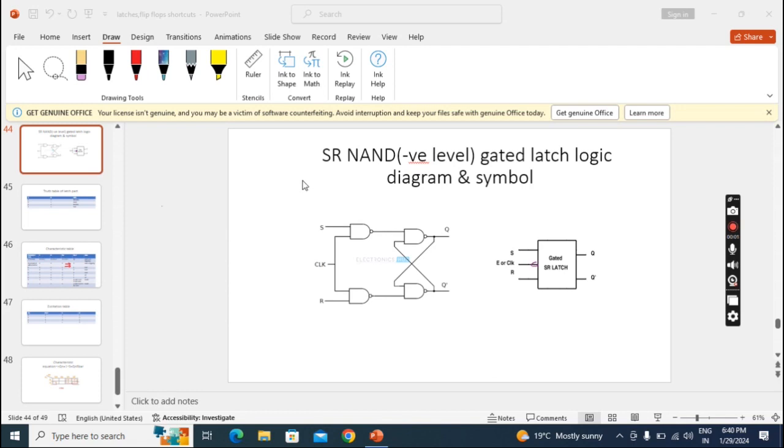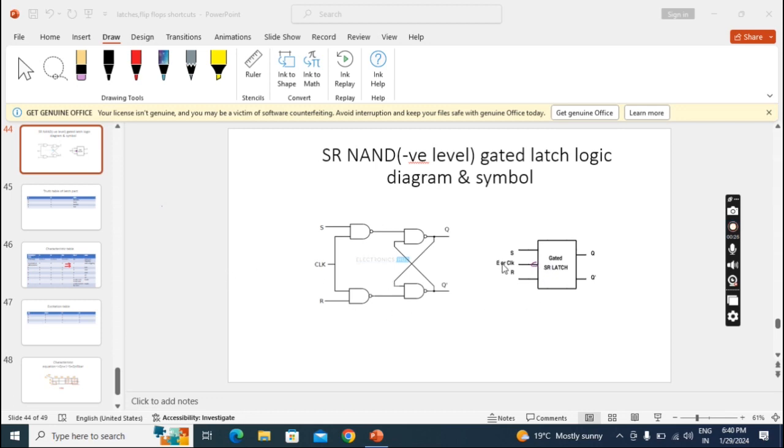In this lecture, we'll see the SR NAND gated latch with negative level. Negative level means here we are applying the clock or enable at negative level, 0. So it will trigger a response when we apply 0 at the clock. So in the symbol we have to keep a bubble at the clock. Okay, that's the representation.